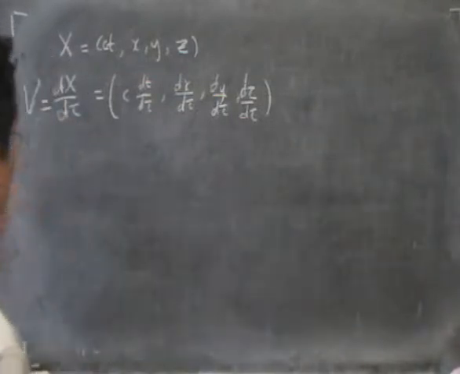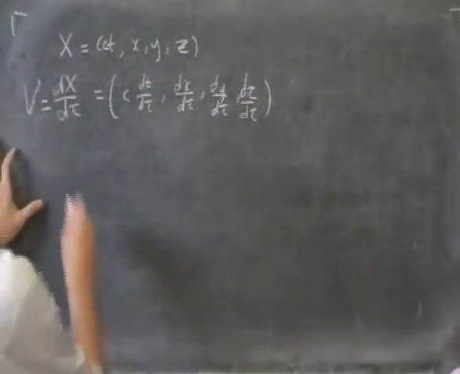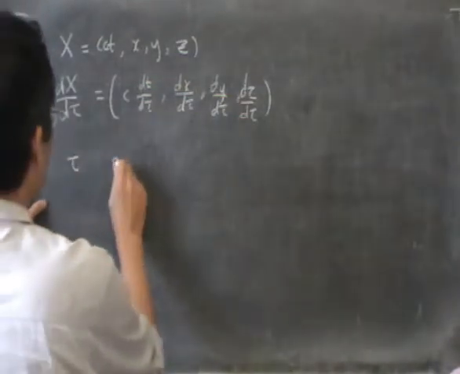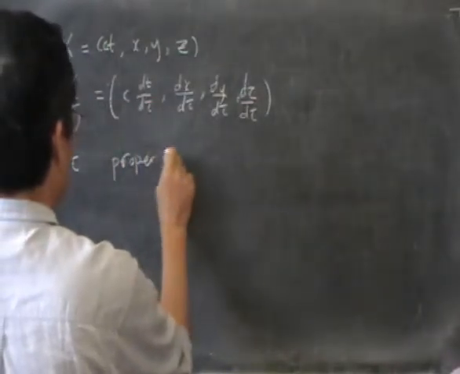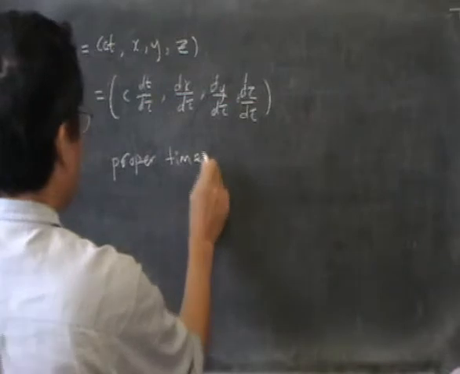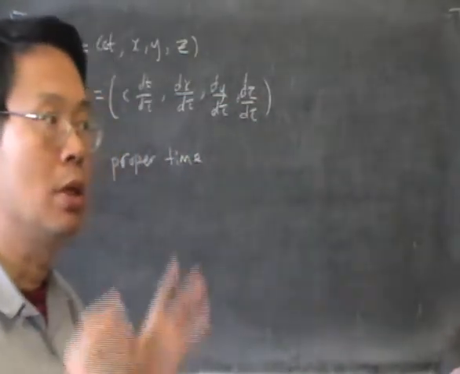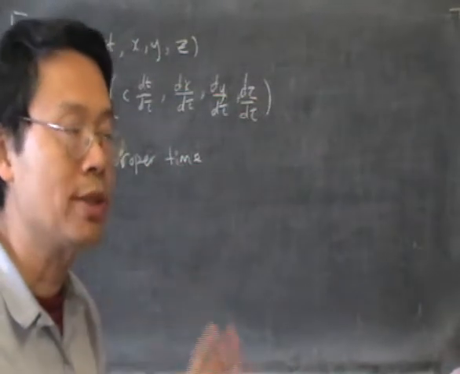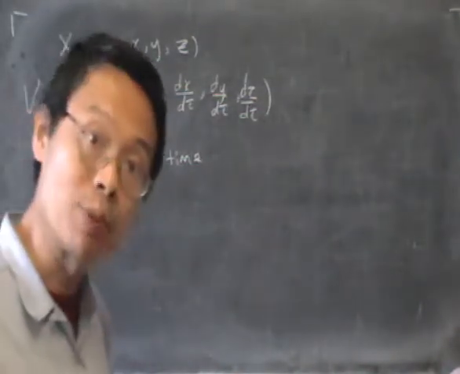Now, the reason is that tau here refers to the proper time. The proper time is the time in the rest frame of the body, the moving body.